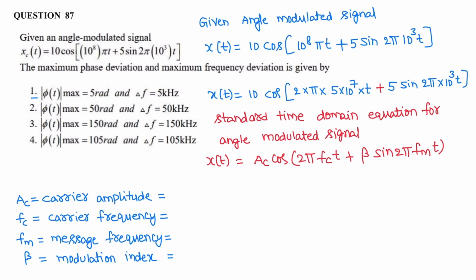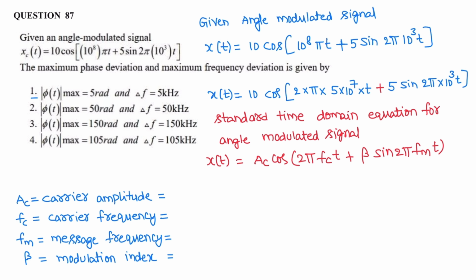Question number 87. Given the angle modulated signal x of t is equal to 10 cos 10 power 8 pi t plus 5 sin 2 pi 10 cube t. So arrange this 10 power 8 pi t as 2 pi into 5 into 10 power 7 into t. The standard time domain equation for an angle modulated signal is x of t equals Ac cos 2 pi fc t plus beta sin 2 pi fm t.